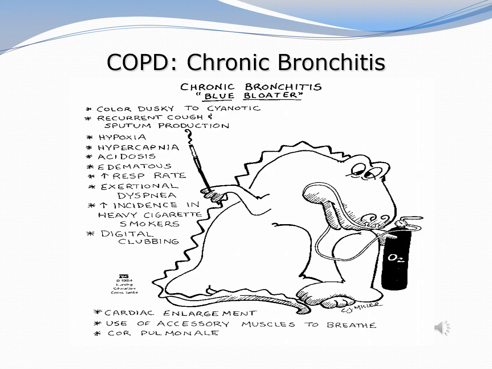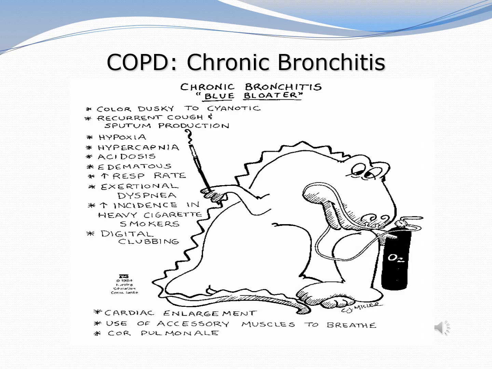So here we have a nice picture of a patient with chronic bronchitis. We refer to this as the blue bloater. So chronic bronchitis patients, think blue bloater. These patients quite frequently come in with a dusky color or appearance to them due to cyanosis. They are going to be coming in coughing with sputum production due to all the mucus that's being produced in the bronchioles.